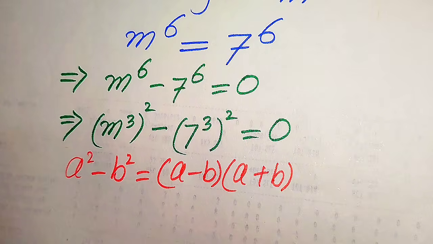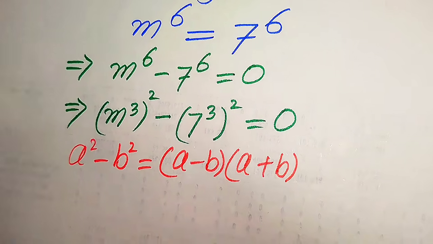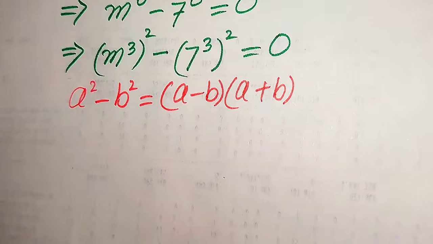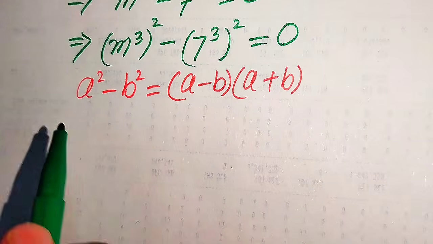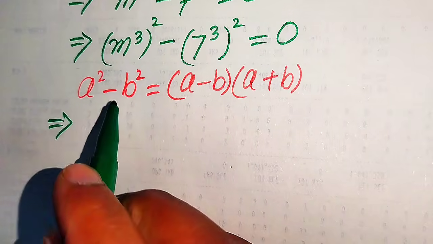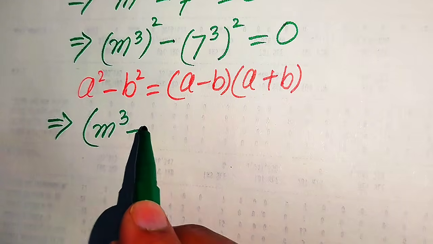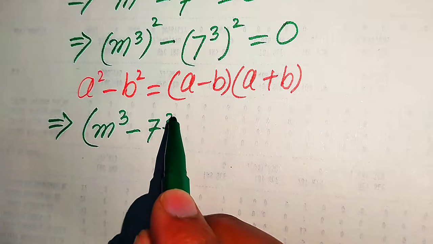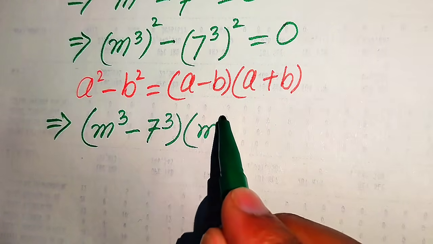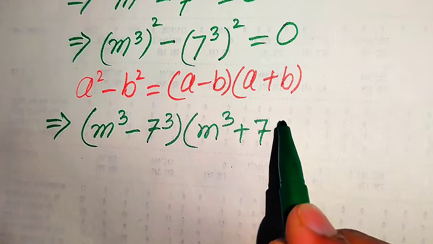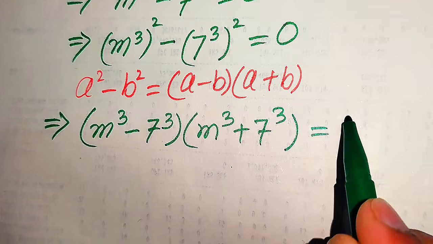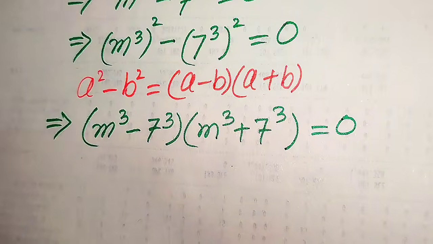So according to this formula, we write the above term as m cubed minus 7 cubed, into m cubed plus 7 cubed, and this whole equation is equal to 0.